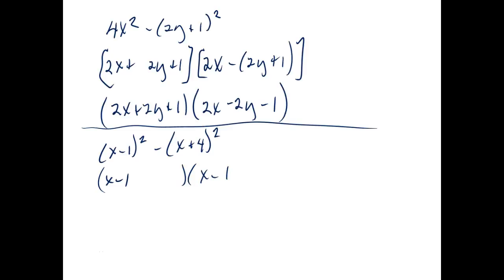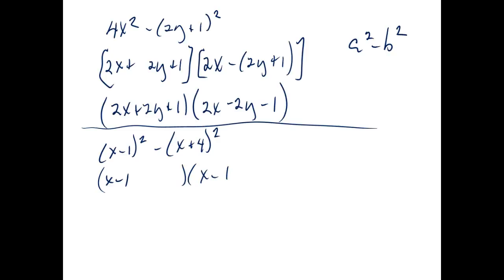Okay, remember, let's go back to our sample. A squared minus b squared. What is your a in this problem? X minus 1. And that would be a plus b times a minus b. You don't change the a.